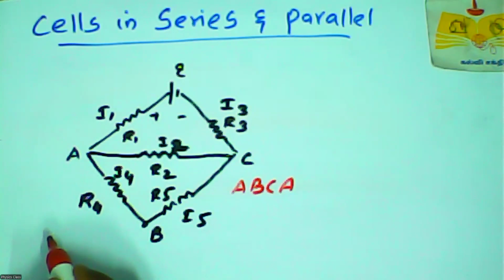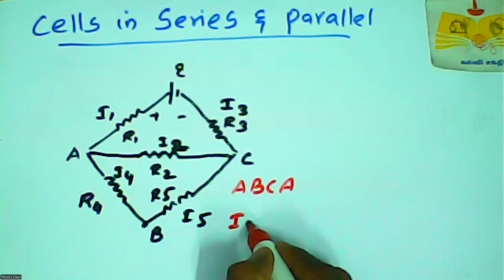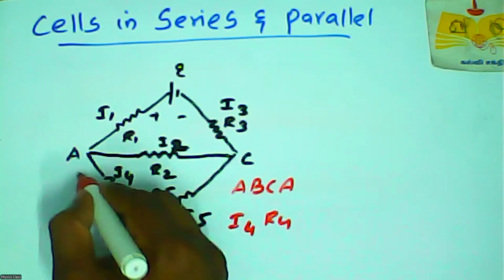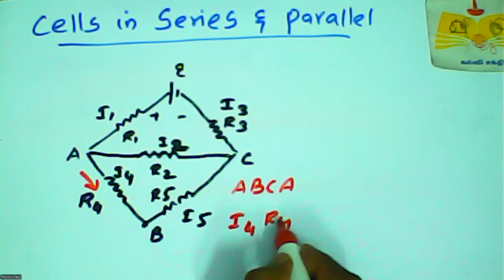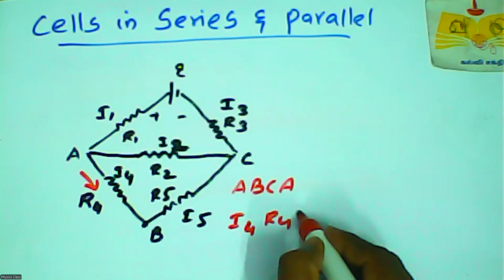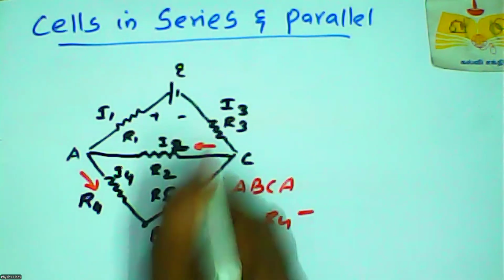According to the Kirchhoff voltage law, that is I4 into R4, because I into R is voltage.